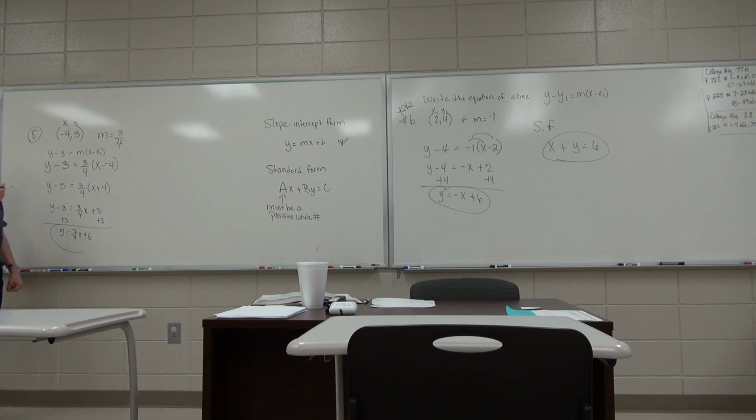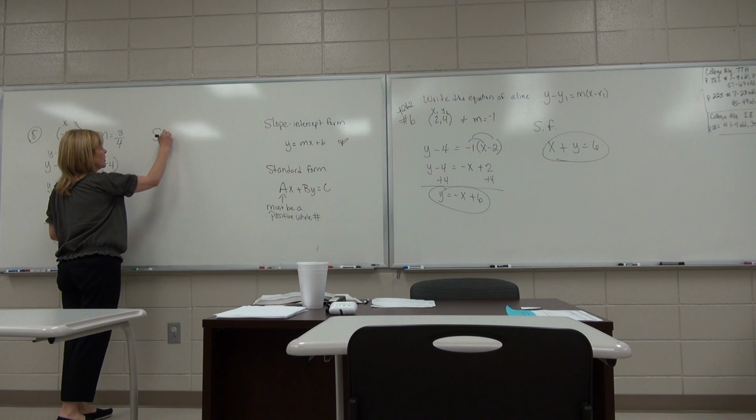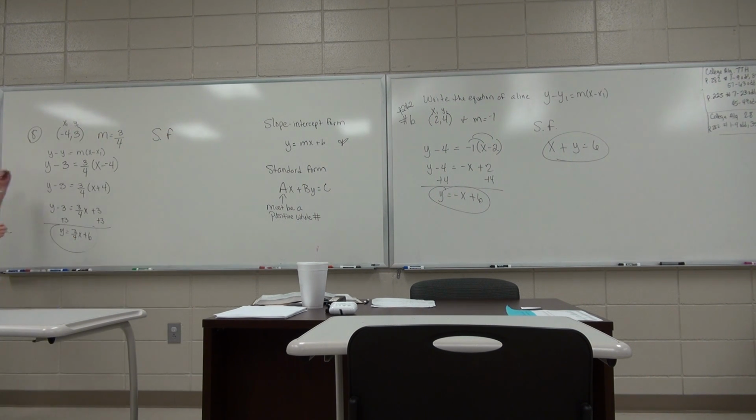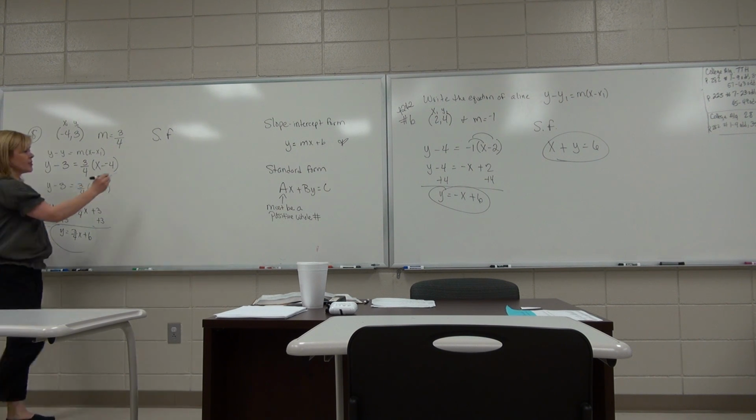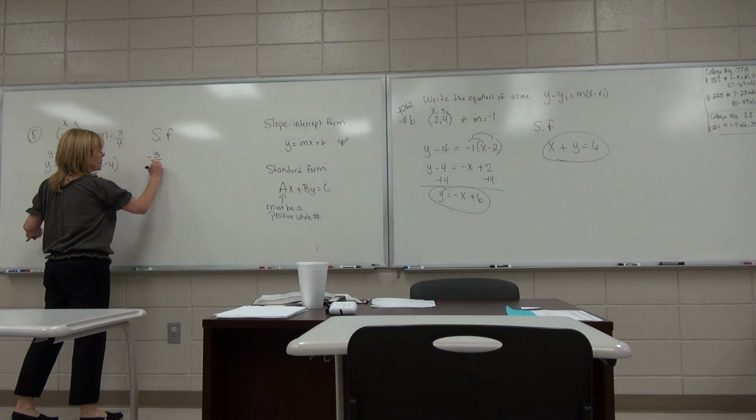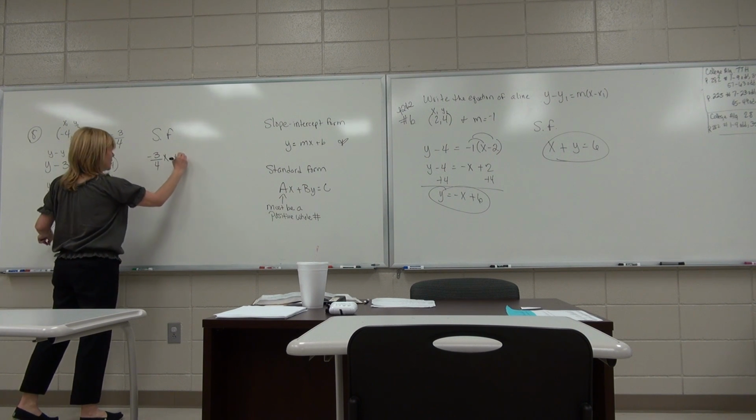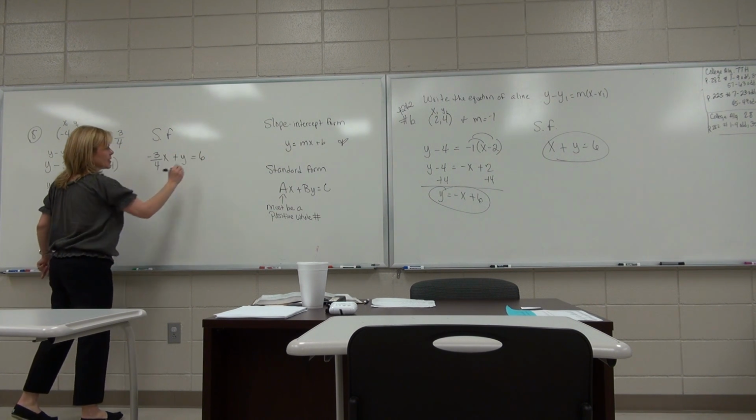Now we're going to write the answer in standard form. In standard form, I've got to move that x over the equal. Here's a positive 3/4, so when it comes to the other side of the equal, it'll be negative. So that'll be negative 3/4 x plus y is equal to 6.